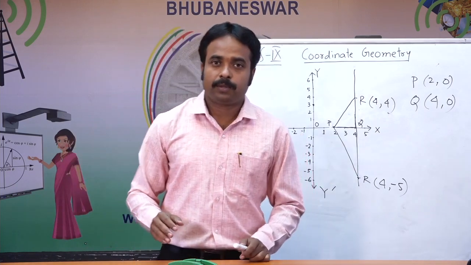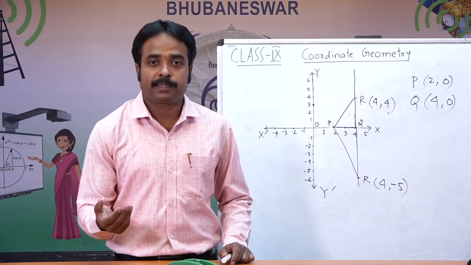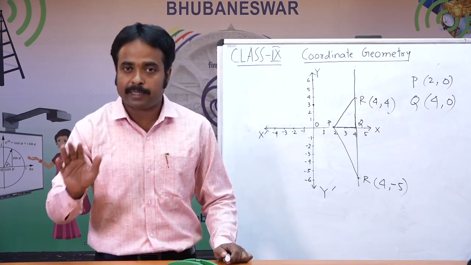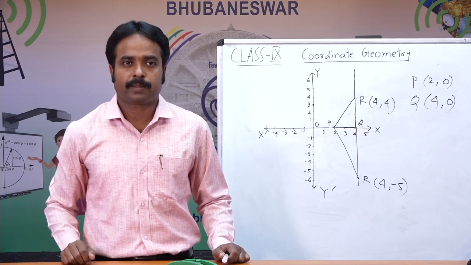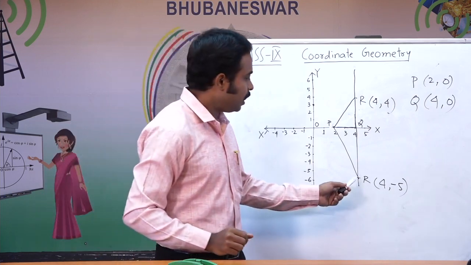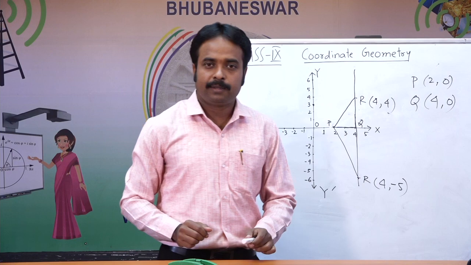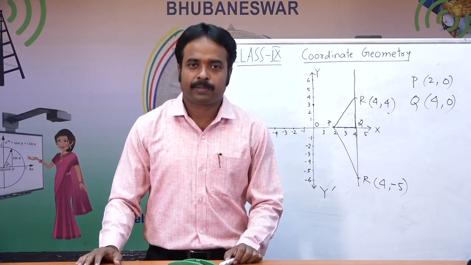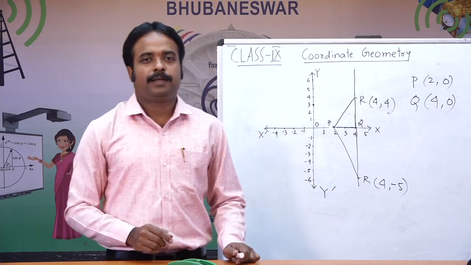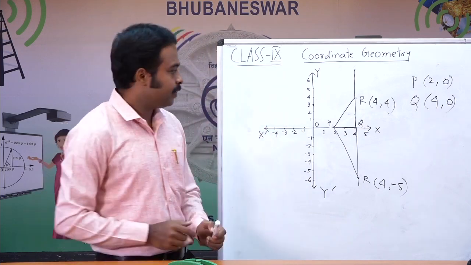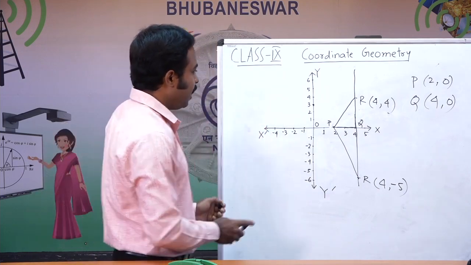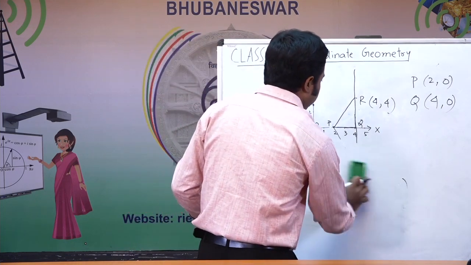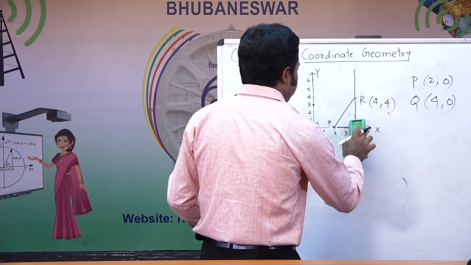Now I would like to ask another question upon this. Are there any other possibilities? If we choose R only on this line, or are there other possibilities? Yes, you are thinking in the right way.